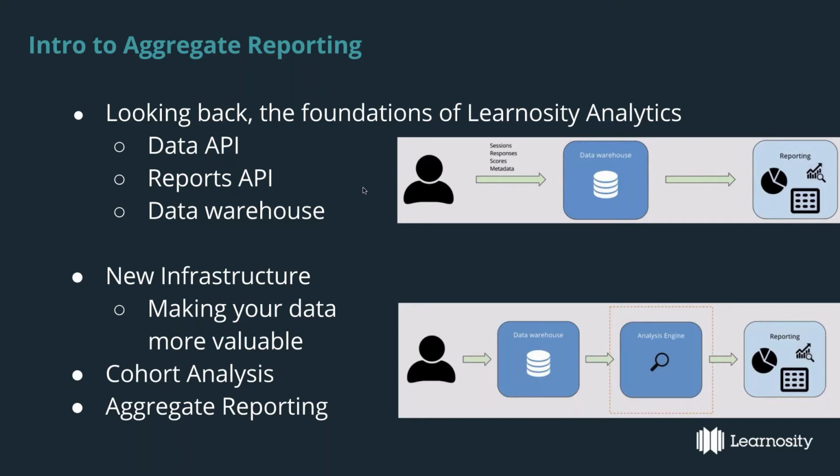You can see in the second image here, this new analysis engine slots in between the data warehouse and those existing APIs, the Data API and the Reports API itself. So the two of those are still used in the implementation of aggregate reporting.